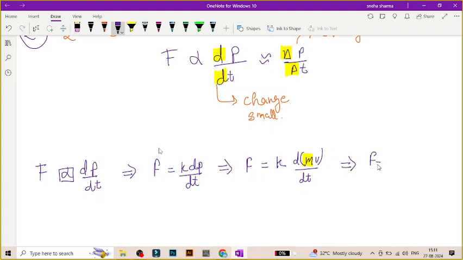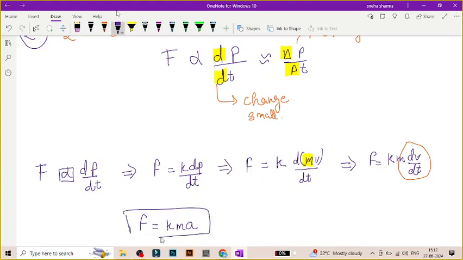So F is equal to k m, we take it out of the change, and dv by dt. I think we all know what this represents. This is the formula of acceleration. So F is equal to k m a.